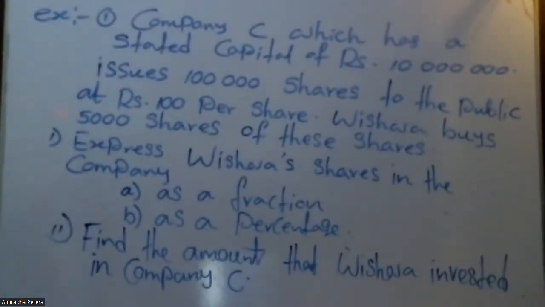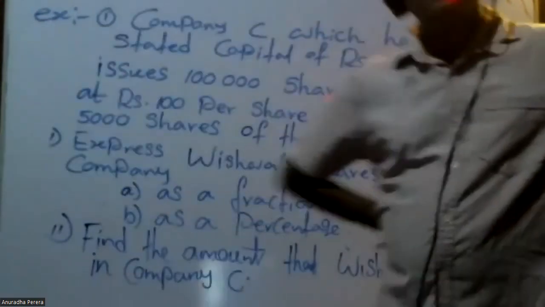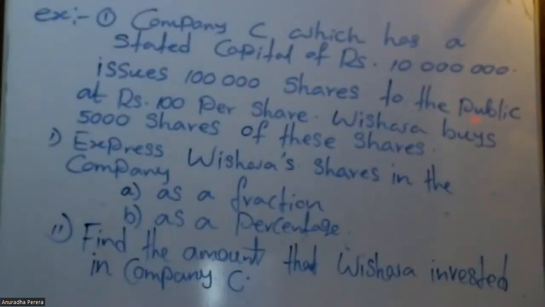Company C, which has a stated capital of 10 million rupees, issues 100,000 shares to the public at 100 rupees per share. Vishwa buys 5,000 of these shares. First question, Vishwa's shares in the company as a fraction.